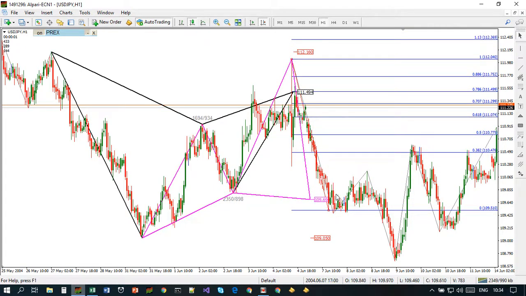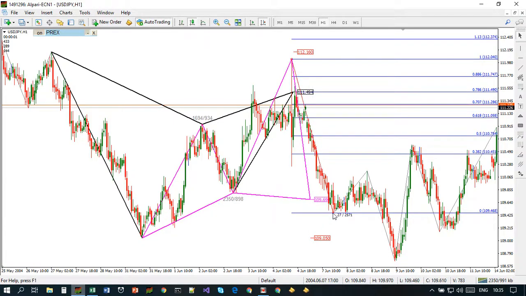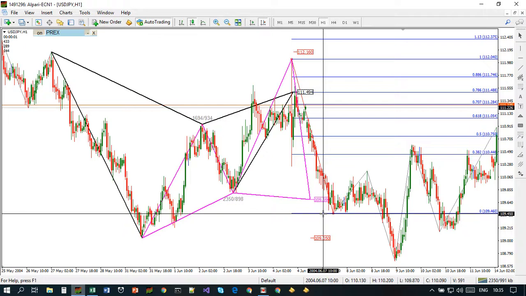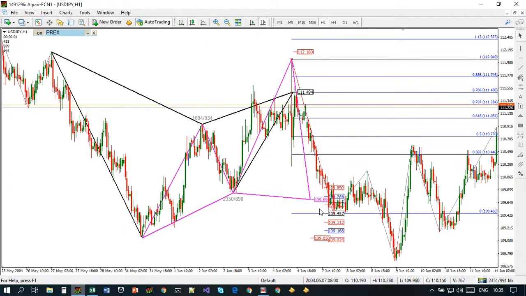We had a reversal, then we had a test, and then we had a close above. So this small green candle is our entry. We need to exceed the range. We need to place our stop losses.